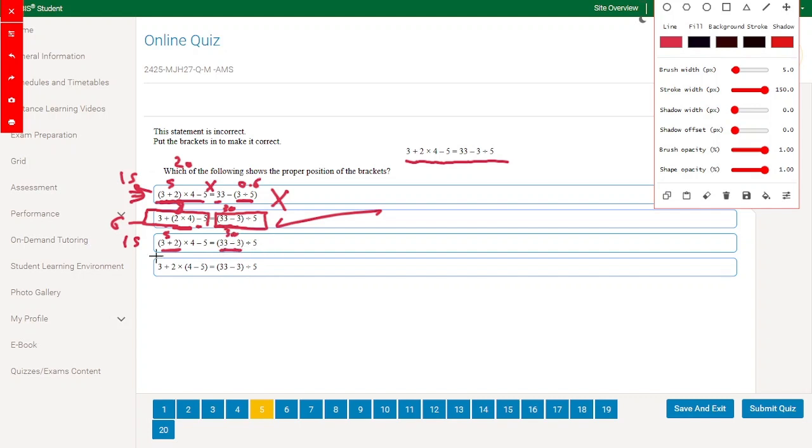Divided by 5 is 6. Left hand side is 15 and right hand side is 6. So it will be a wrong answer. Here we have 4 minus 5 is minus 1. Multiply 2 is minus 2. Plus 3 is 1. Here it will be 6 also. So this will be a wrong answer.